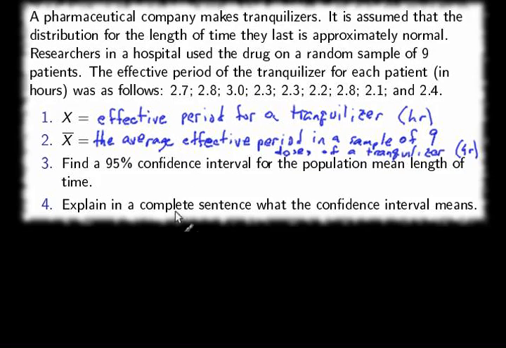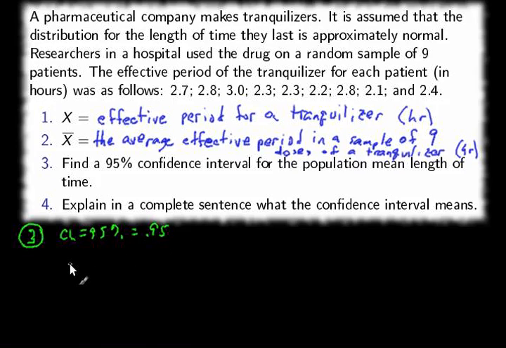Okay, we're going to ask GeoGebra for that confidence interval, but GeoGebra is going to want to have 4 things. The confidence level, 95%, or 0.95.